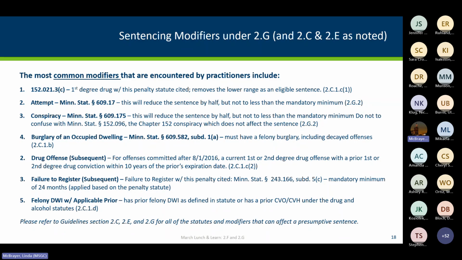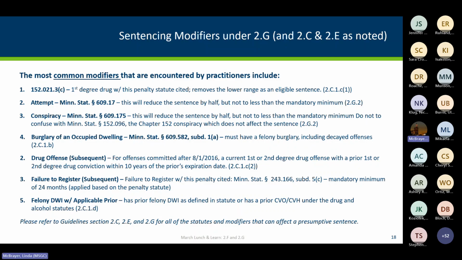Attempts and conspiracy under 609.17 and 609.175 are modifiers that reduce the sentence by half, but it cannot go below any mandatory minimum, and it cannot go below the felony level of a sentence: 365 days if they're being sentenced now, 366 days if they were sentenced back before July of 23.